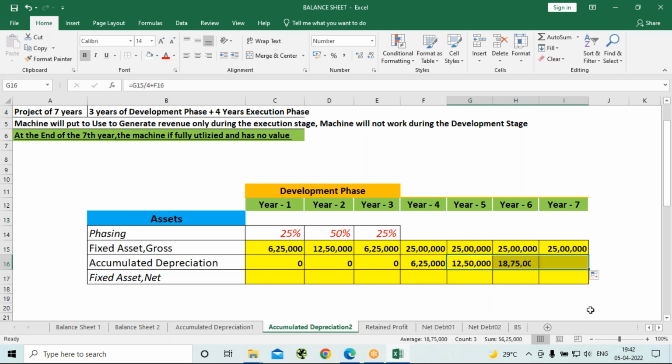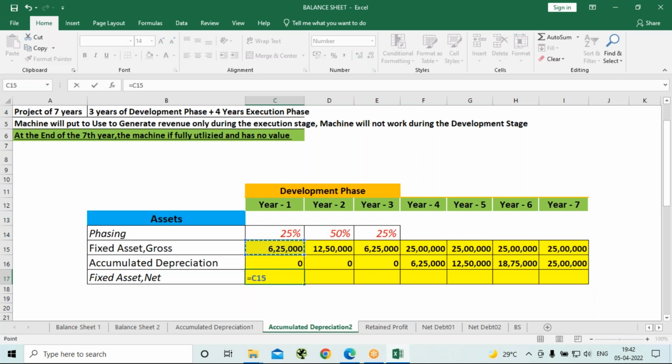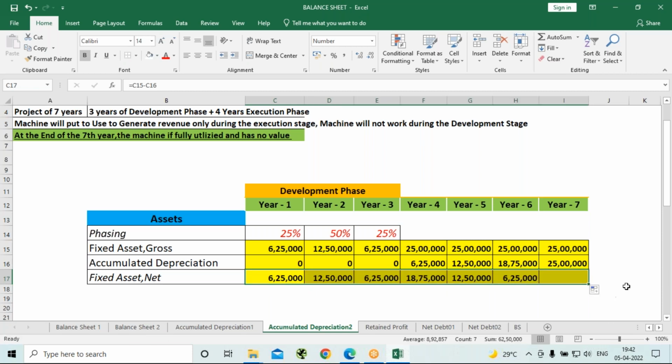Let me drag this so that at the end of the period, it is going to be the same value as the asset. In this case, the fixed asset net value will be equal to the asset value minus the accumulated depreciation value. At the end of the period, it is going to be no value since we have utilized the complete asset. This is how the calculation will be done.